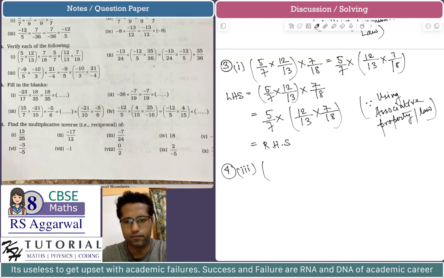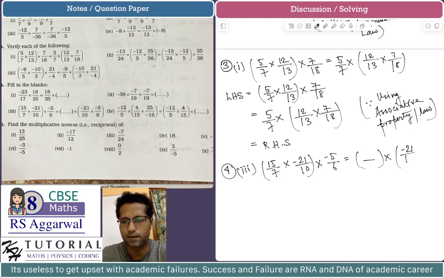Okay, so 15 by 7 multiplied by minus 21 by 10 multiplied by minus 5 by 6 is equal to, we have to fill in the blanks over here. This is equal to given minus 21 by 10 multiplied by minus 5 by 6.